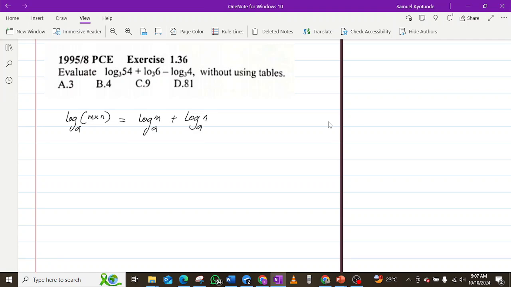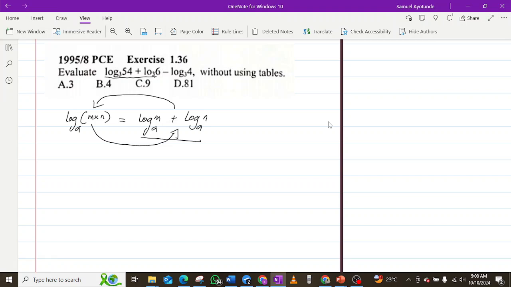That is, if two values are being multiplied, it can be written in this form. So this law can go like this, and it can also go this way. So if we check what we have, it's in this format. So we interpret it like this.